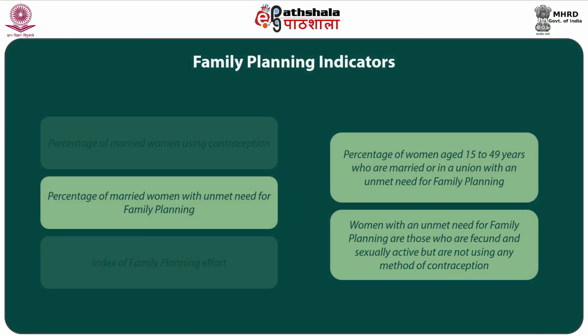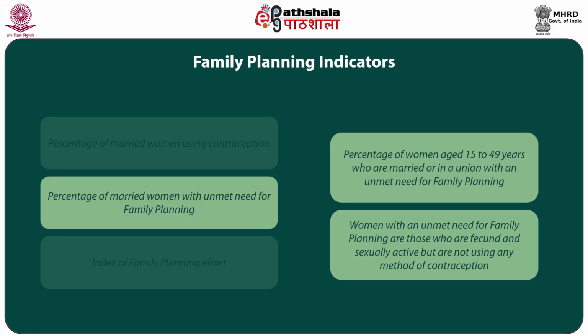Measurement of unmet need in an accurate, scientific way is imperative, so as to plan for program and policy interventions to enhance contraception use in developing countries in particular. Here we are talking about the percentage of women aged 15 to 49 years who are married or in a union with an unmet need for family planning.